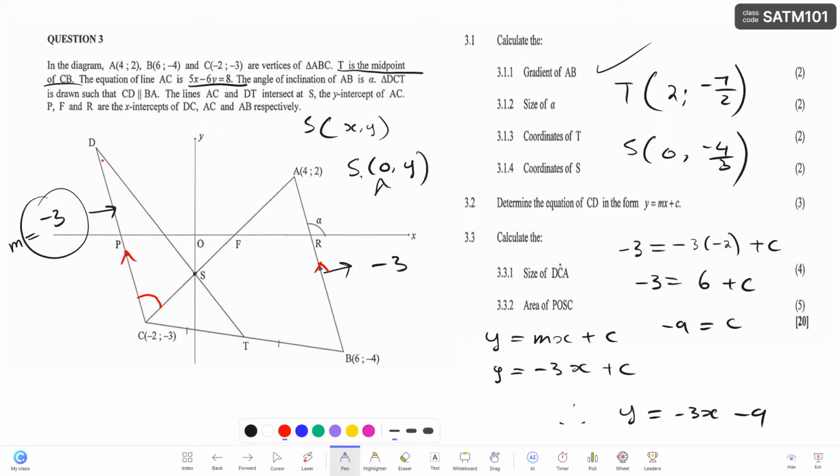So there's something that we know here. This angle here, I don't know if you can see the Z. This angle here is equal to this one, because it's an alternate angle. This line is parallel to this line. So, okay, now we need to do what? Since we know the gradient of this line, someone will ask me, how do we know?